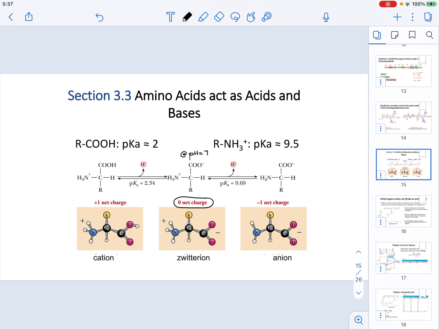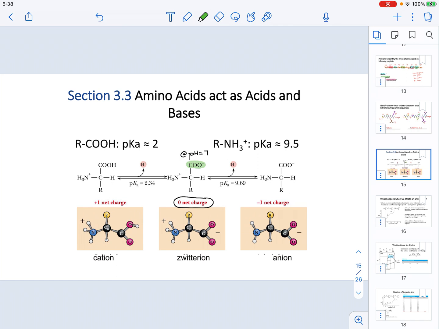Because what happens is that when we are at pH 7, the overall structure of an amino acid specifically illustrates that your carboxylic acid in your amino acid has lost a proton. So it forms a carboxylate.